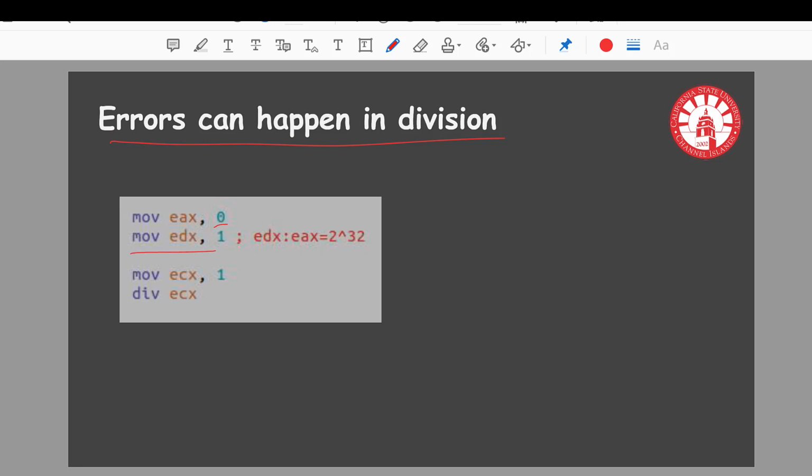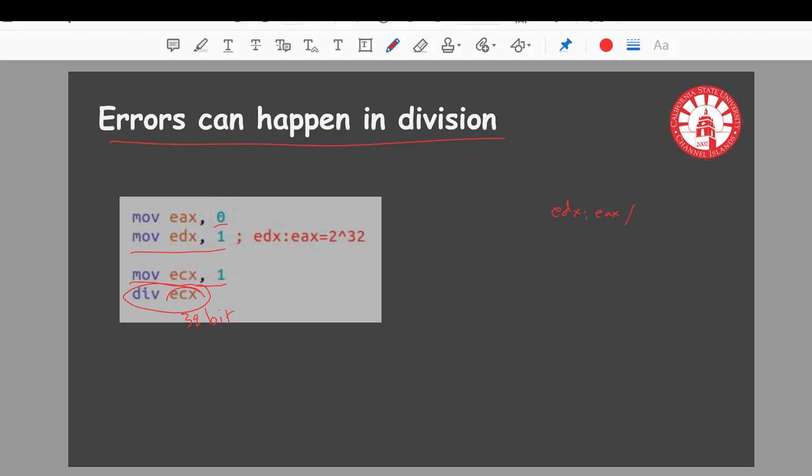We have EAX register as 0, EDX register as 1. And then we move ECX as 1, and then we call the division operation. So once we call the division operation, what's going to happen? Since this ECX is 32-bit, what is going to be divided by ECX is the concatenation of EDX with EAX register.